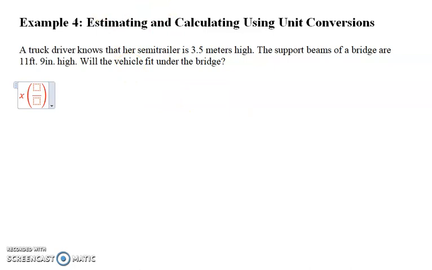So I'm going to look for x inches first, and that's going to equal 11 feet. We'll leave the inches out, we'll add them in at the end. We know that 1 foot is equal to 12 inches. So we're doing very similar to what we did in the previous example. We get 132 inches.